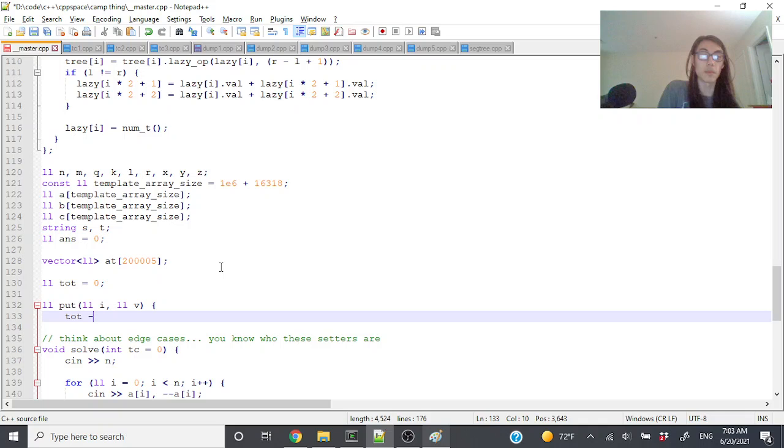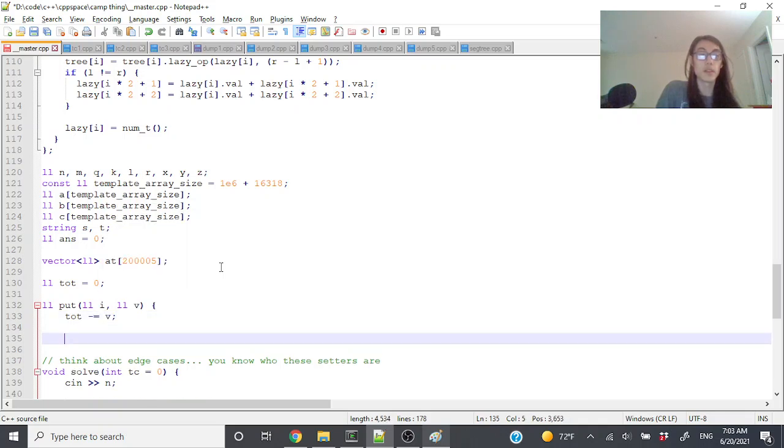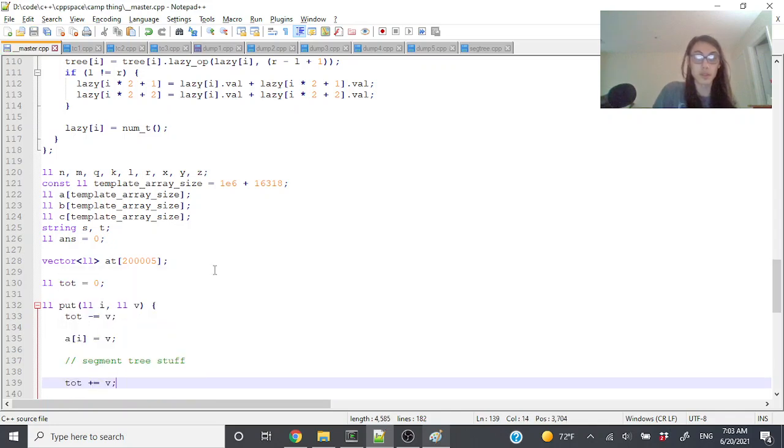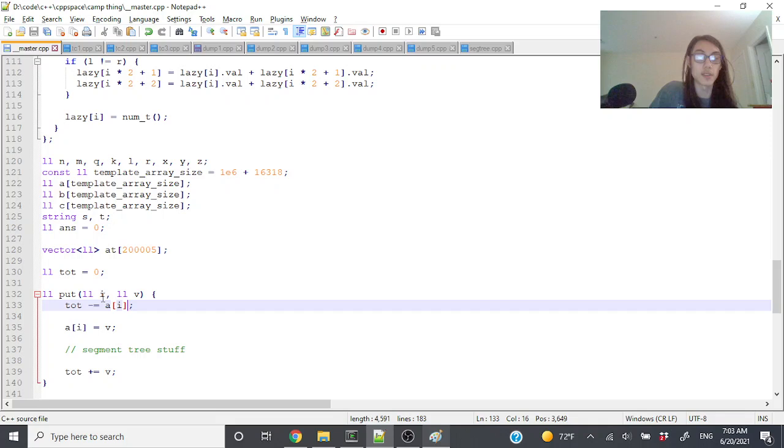If a[i] is equal to v, then tot minus equals v. Then tot plus equals v. Tot minus equals a[i], actually. So this is just set a[i] to v.